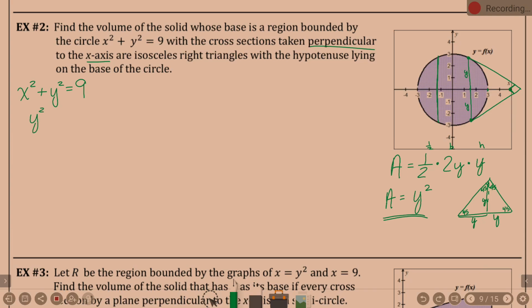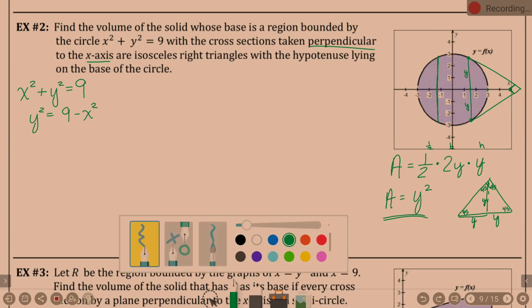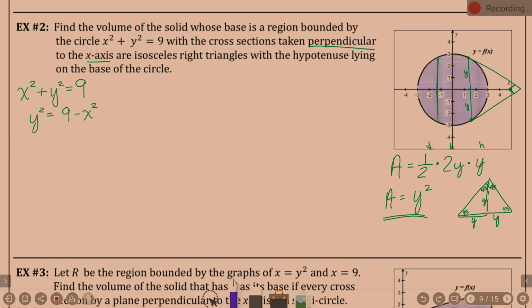Y squared is 9 minus x squared. Do you guys see that? You could keep solving and say y is plus or minus the square root of 9 minus x squared. But here, guys, y squared is 9 minus x squared. What are we going to have to use as our area? Y squared. So can you do that shortcut? Yes, and you should.